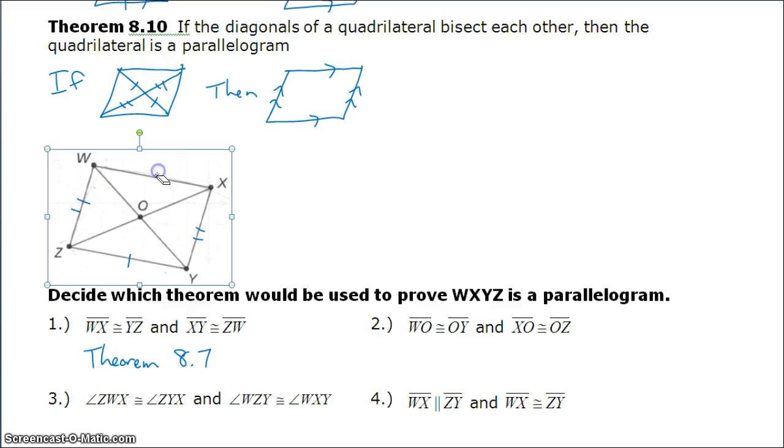If we look at our second example, if we know that WO is congruent to OY and XO is congruent to OZ, then we have a parallelogram by Theorem 8.10. Our diagonals bisect each other.